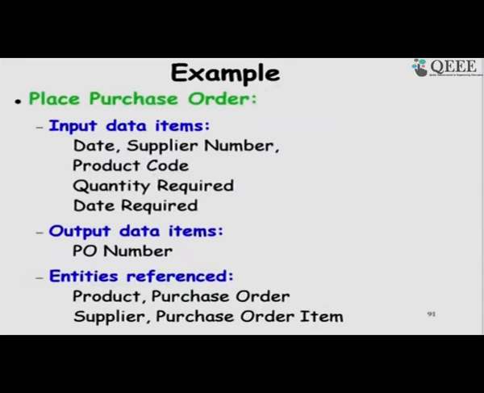So, this is just an example of how we go about computing the function point Mark II. We looked at the purchase order placement and found the input data there: date, supplier name, product code, quantity required, date required. The output data item is the purchase order number, and the entities referred to are the internal files: the product, purchase order, supply, purchase order item.